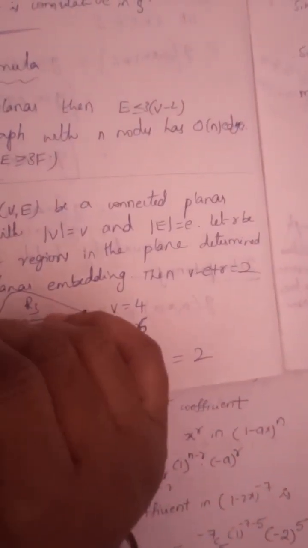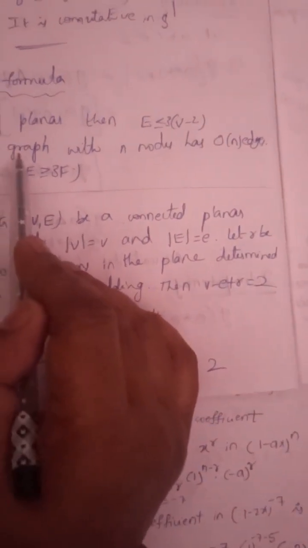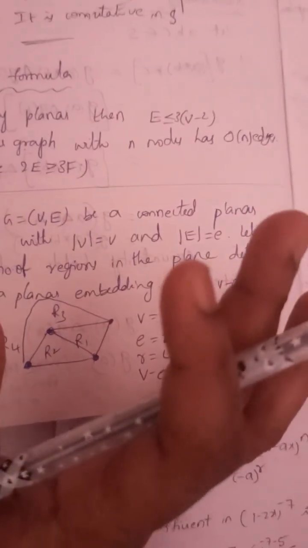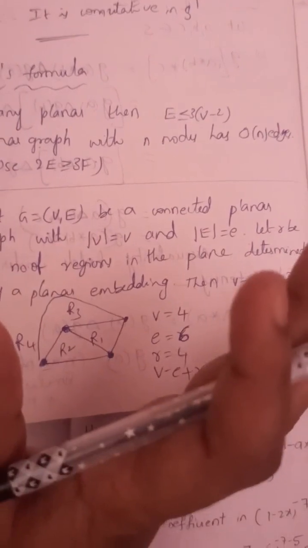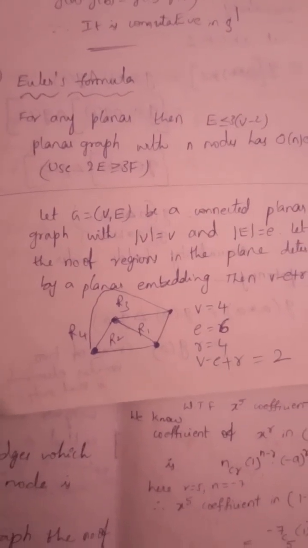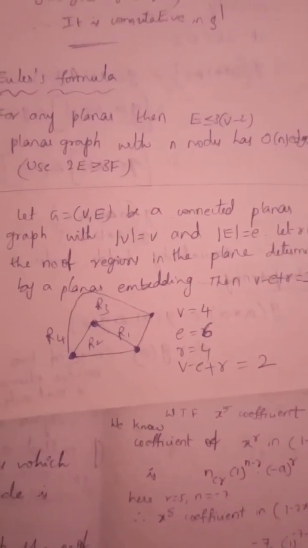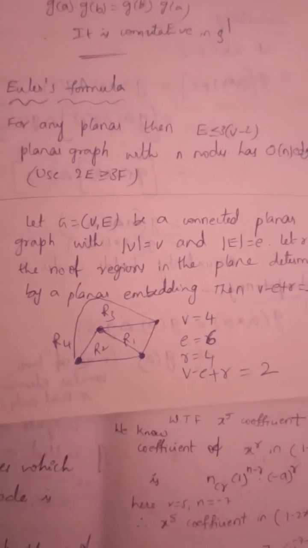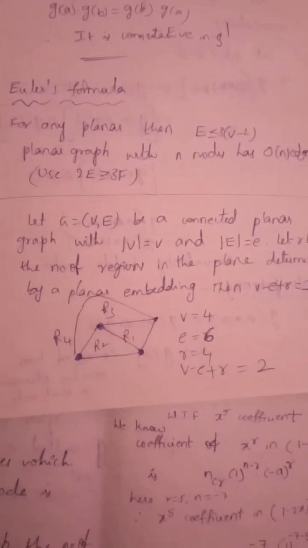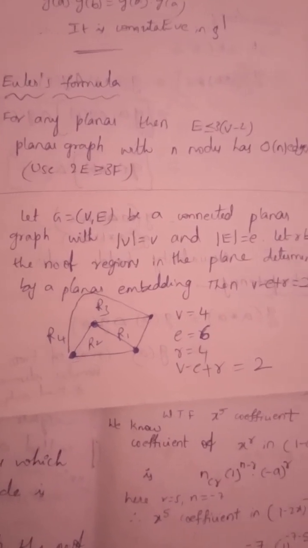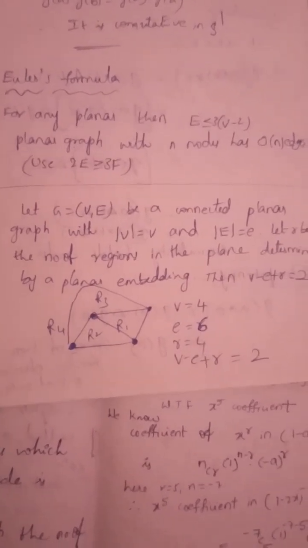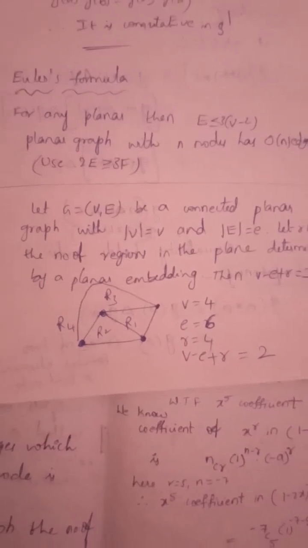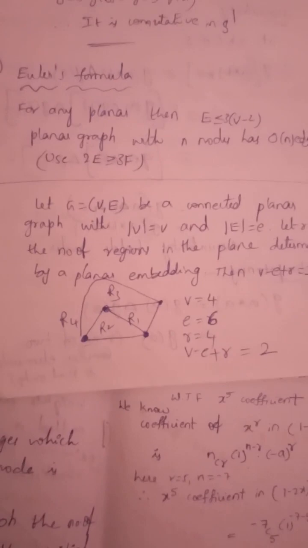One more thing I want to say about planar graphs. A planar graph is a graph we can draw in a plane, a two-dimensional plane, and Euler's formula should be followed by that graph. If we cannot draw that graph in a plane, it is called a non-planar graph. Those needing three-dimensional diagrams are non-planar graphs.